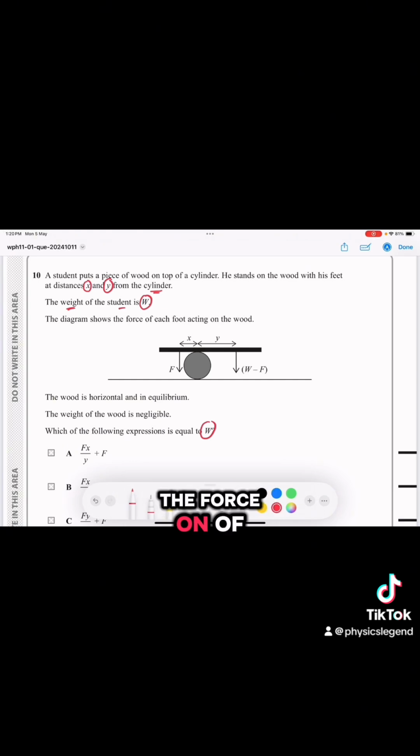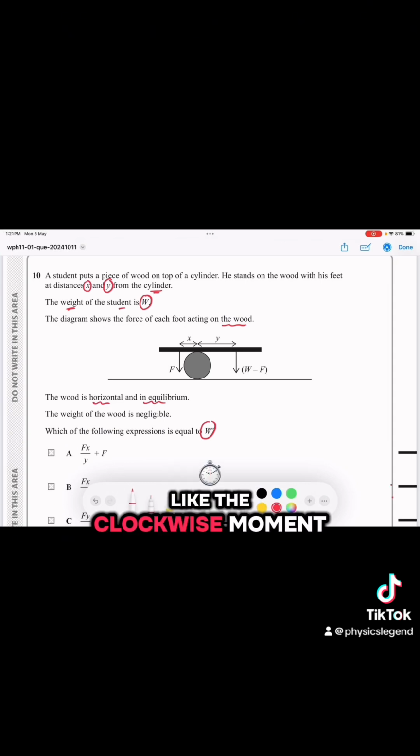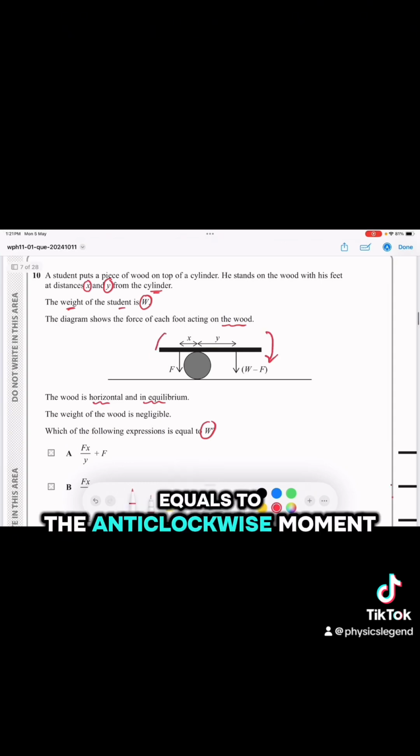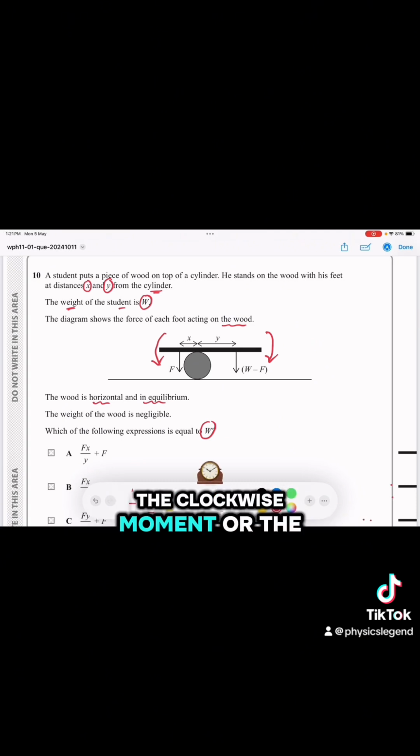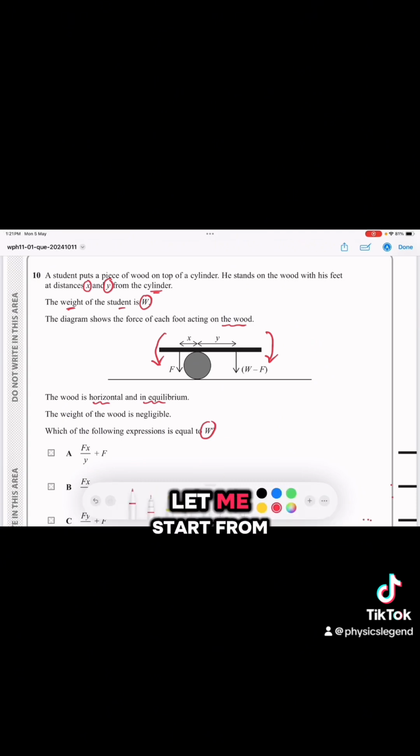The force of each foot acting on the wood here, and the wood is horizontal and in equilibrium. If I apply the principle of moments, the clockwise moment equals the anti-clockwise moment. Let me start from the left side.